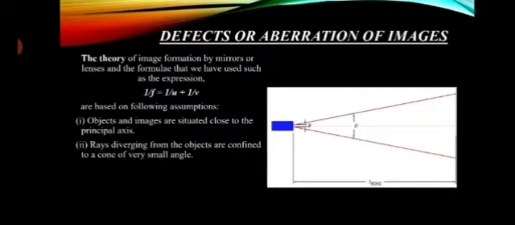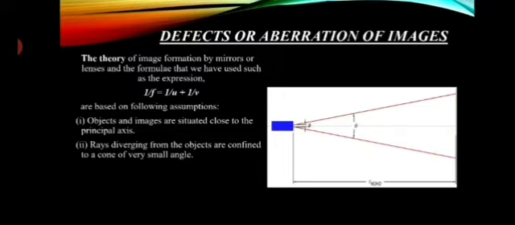Okay, so the next point is defects or aberration of images. Now the above formula which we have considered for the focal length, image distance and the object distance is valid only for ideal cases, that is, it is based upon the following assumptions: that objects and images are situated close to the principal axis.